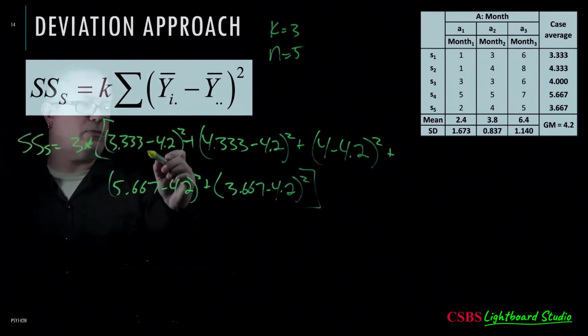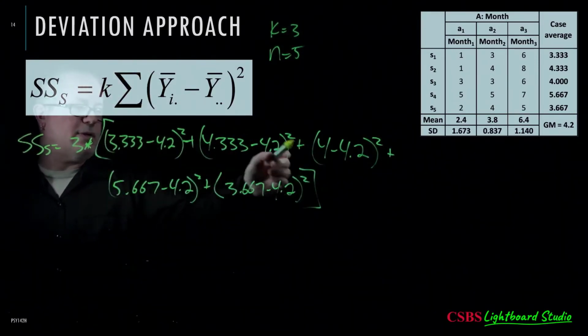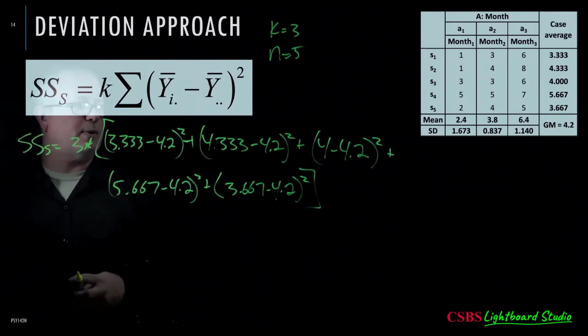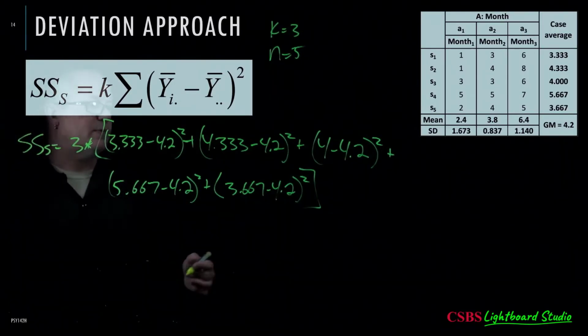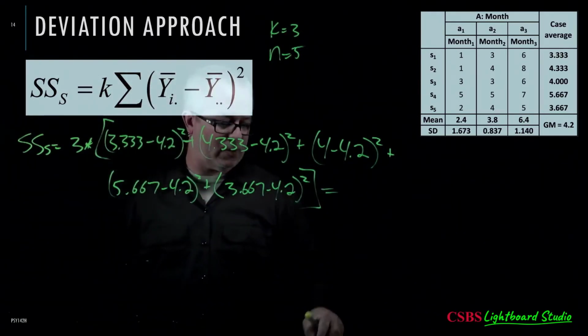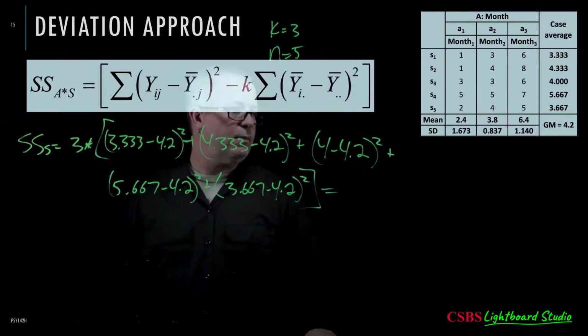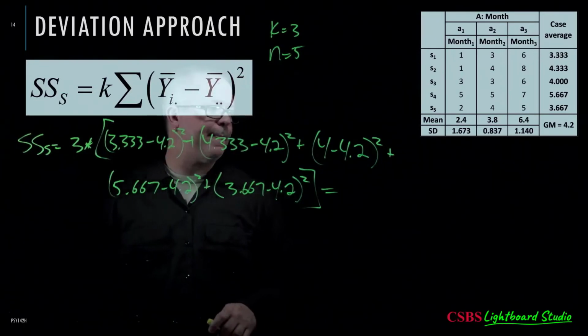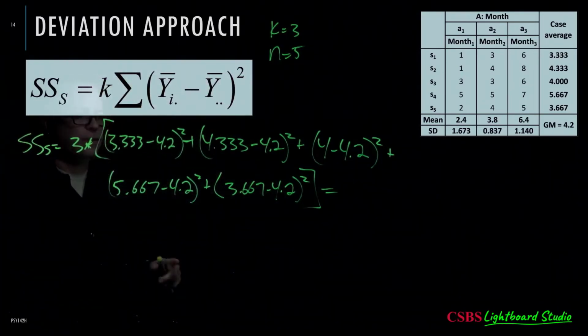Subtract and square all those, multiply by 3, and that'll give you your sum of squares for subject. I don't remember what that is exactly. We'll see in a second what that adds up to, but if you subtract and square each one of these, add them up, and multiply by 3, you'll get that sum of squares for subject.